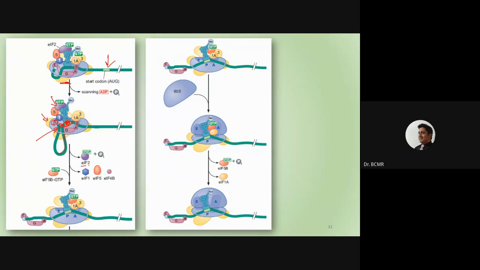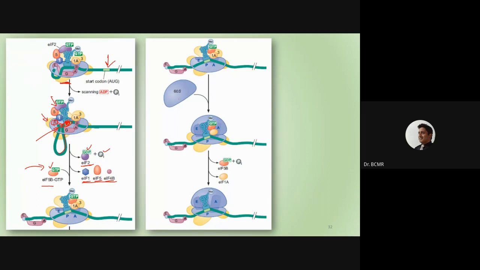Then eIF2 will hydrolyze the GTP to GDP and Pi, and it will lose affinity for the initiator tRNA and other factors around, and all these things will fall off: eIF2, eIF1, eIF5, eIF4B, and so on. And something else will take over, called eIF5B. Along with it, it is also a GTPase, and it binds there.